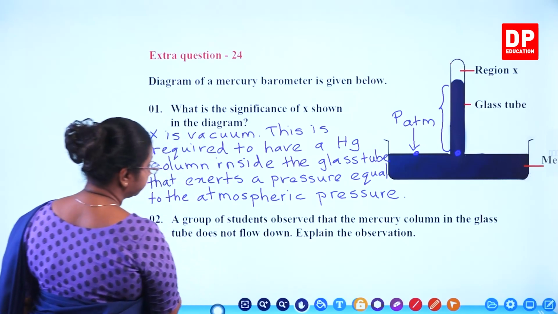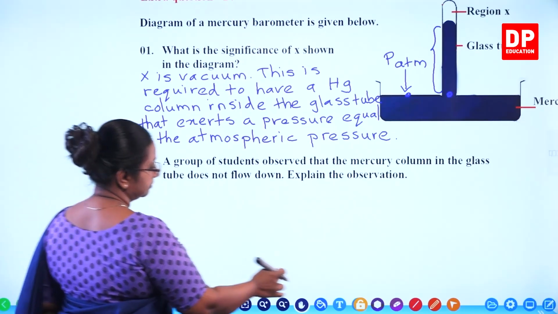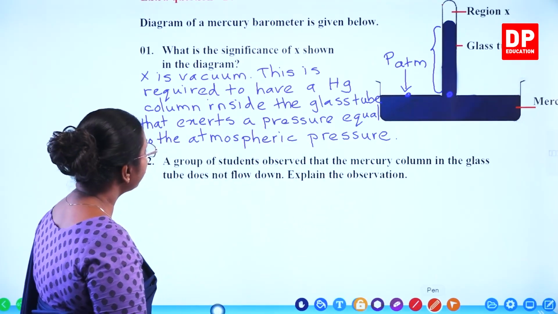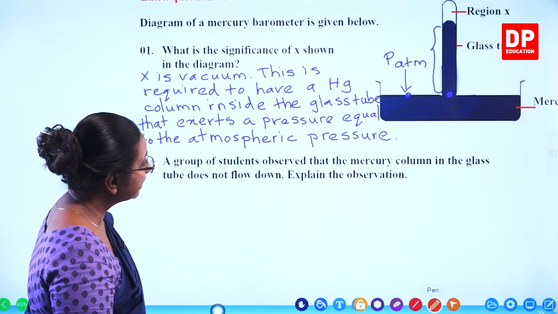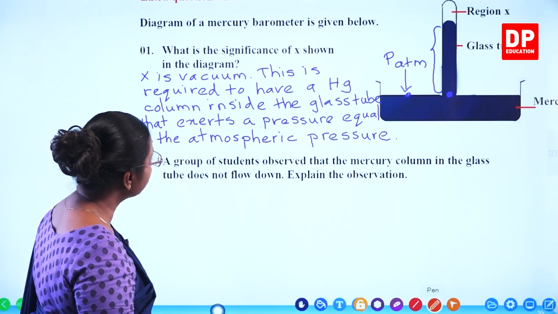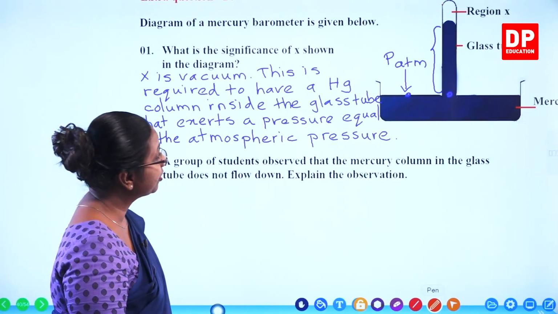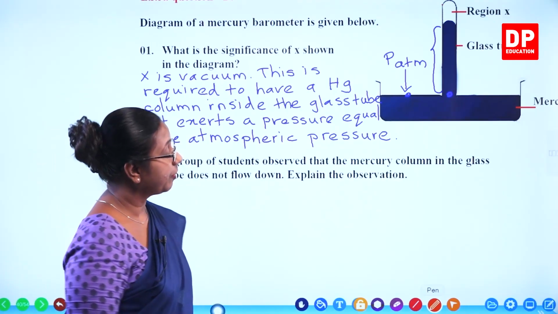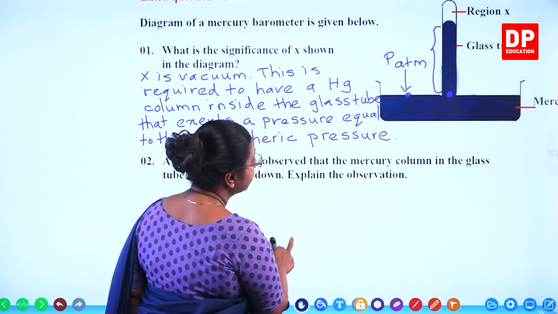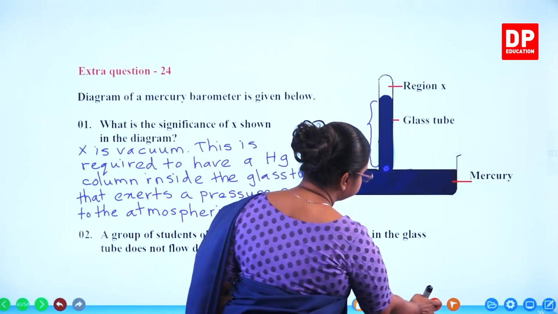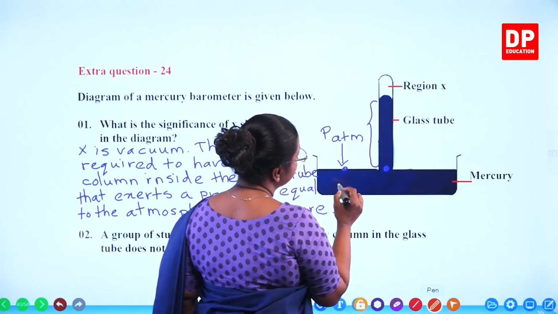Then the next one. A group of students observed that the mercury column in the glass tube does not flow down. Explain the observation. Yes, that is a very good observation by a group of students. Now, if we try to understand that, you can see the mercury column here.